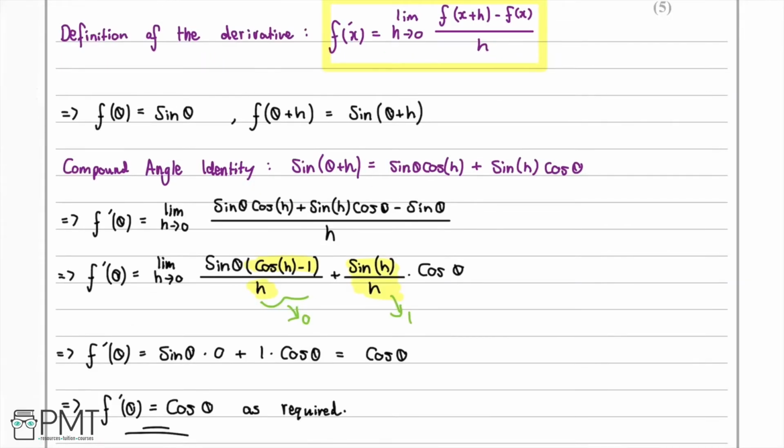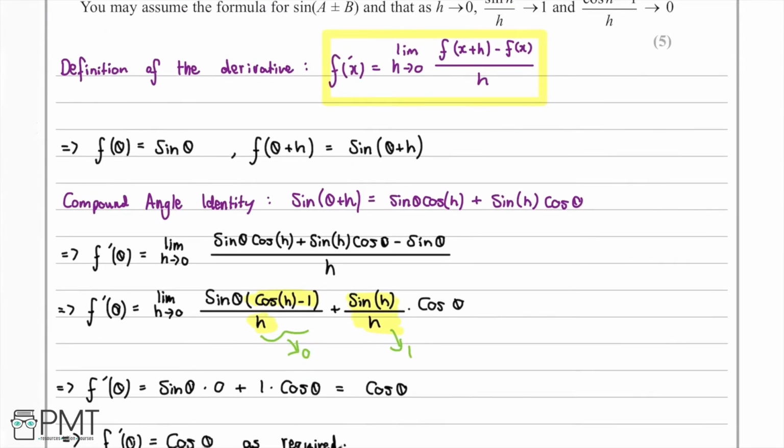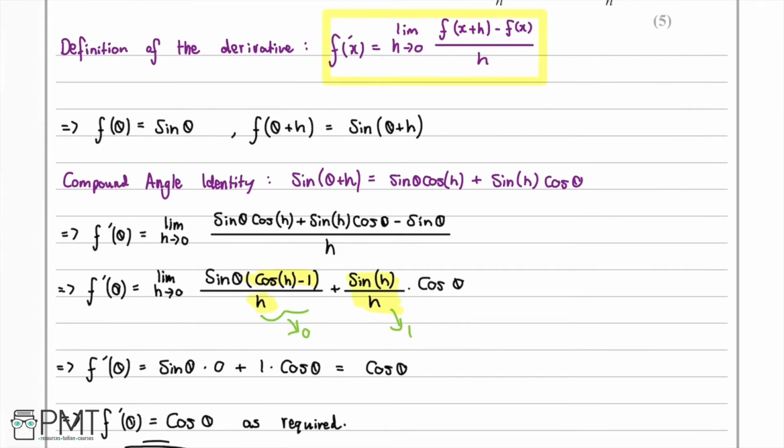So this question was worth 5 marks. We receive our first mark for knowing the definition of the derivative. We then receive our second mark for using the compound angle identity and expanding sin of theta plus h. We receive our third mark for doing the expansion and getting it into a single fraction.